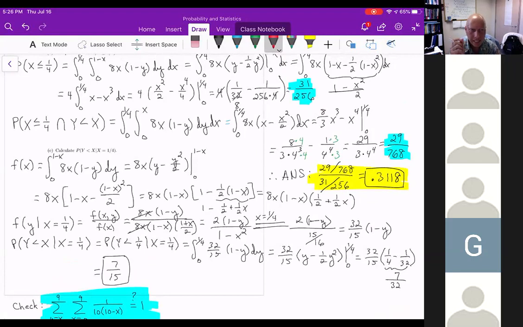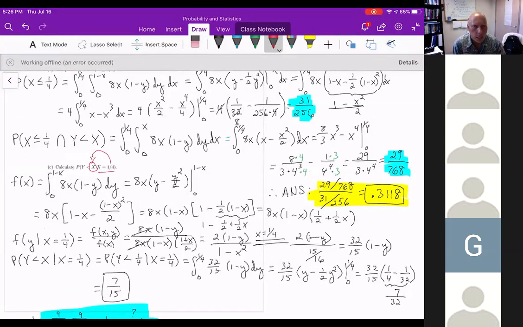Because even though x is listed, x is conditioned, which means x is no longer random. X is a fixed value. We happen to be given that that value is 1/4. So even though there's an x here, because it's conditioned to be 1/4, you can, and we did, plug in 1/4 for that x value.